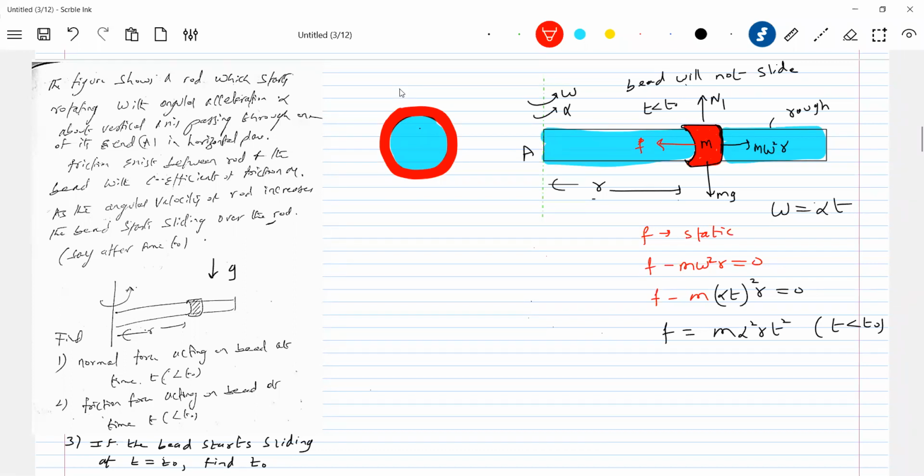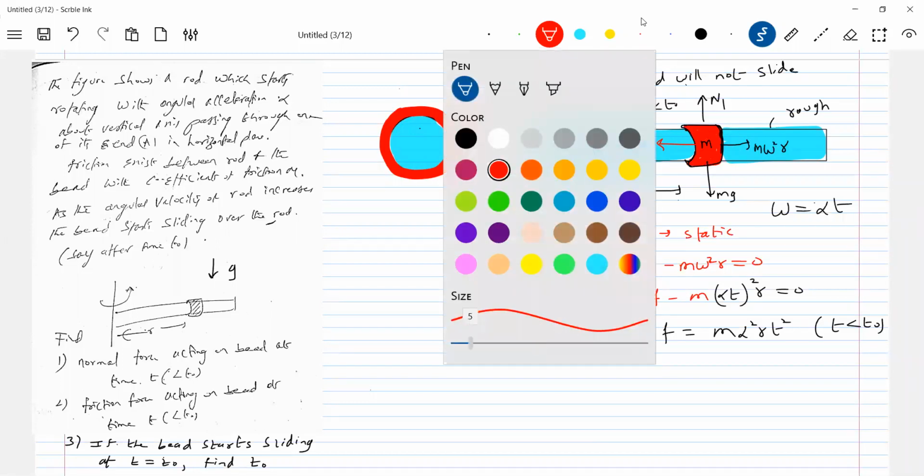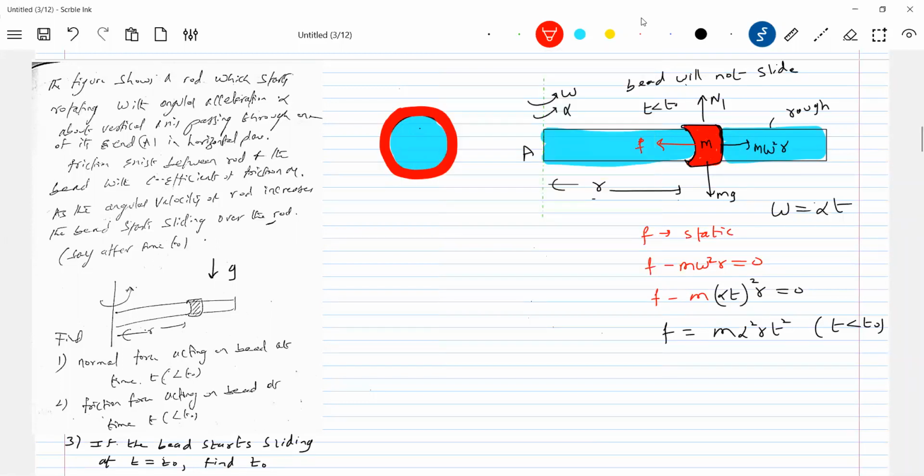Now what are the forces acting on it? Now come to weight mg. This is a rod, and here the normal contact by the rod on the bead will be like this. On the rod I'm not showing it.